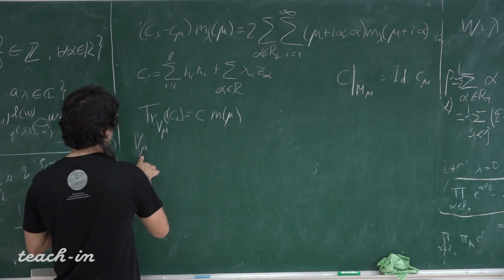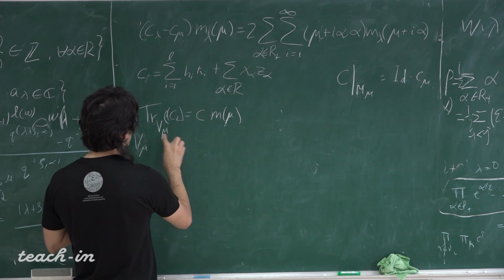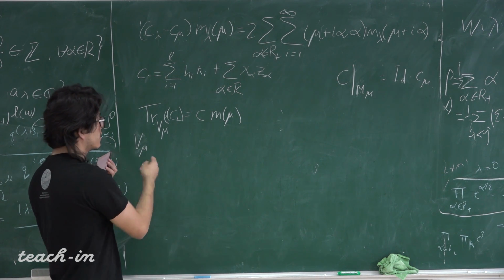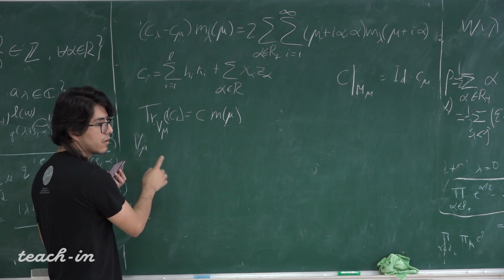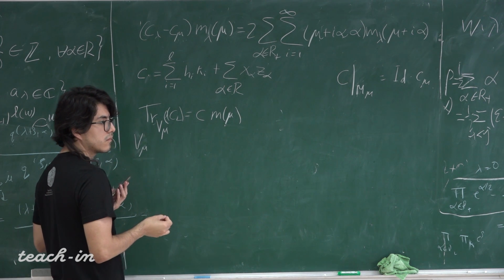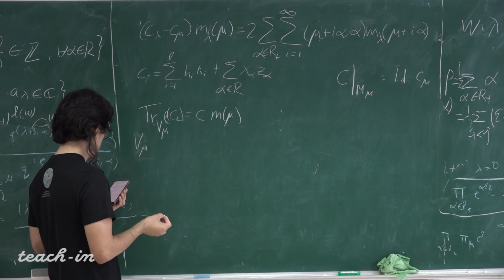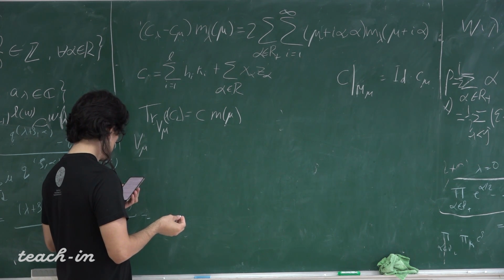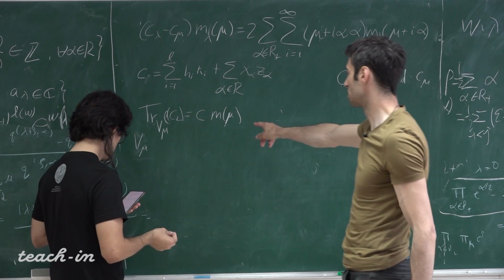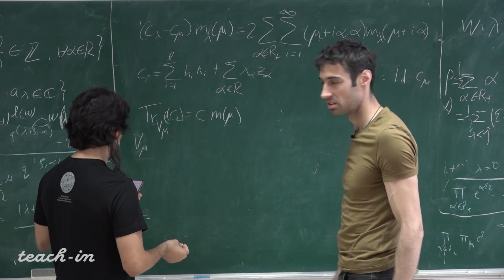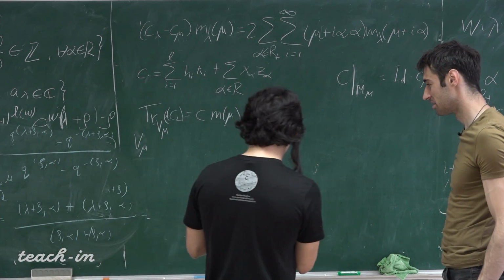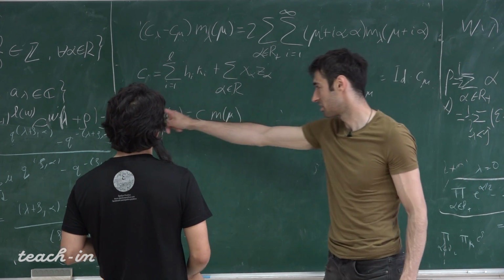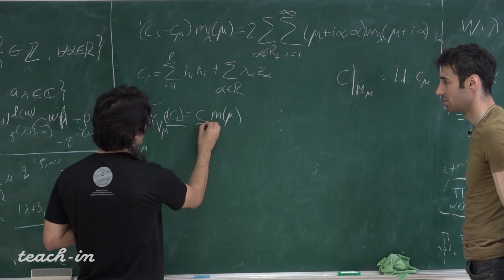What is V mu? Let us be more specific. Is it the module of highest weight mu? This is not really what you would like. Why is this true? Did we study this general form of the Casimir? It's really long, but this one is the easy part, because this acts just like multiplication by scalars.